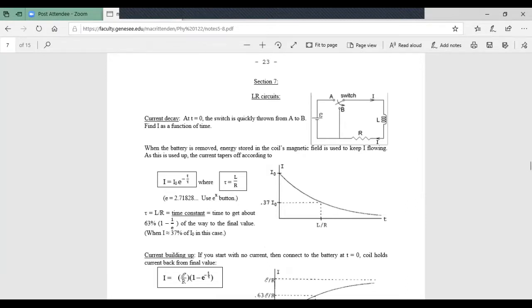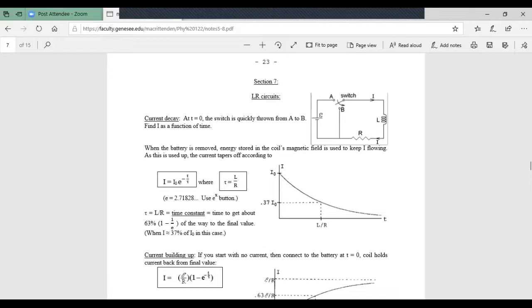We have a circuit that consists of some voltage source over here, E for EMF, and a coil whose self-inductance is L, and a resistor whose resistance is R ohms. And the idea is that originally this switch here was left in position A for a long time.